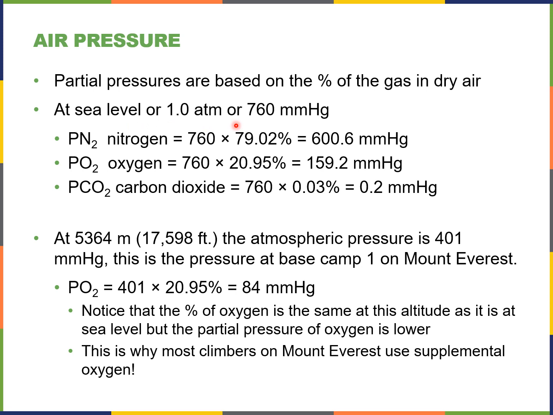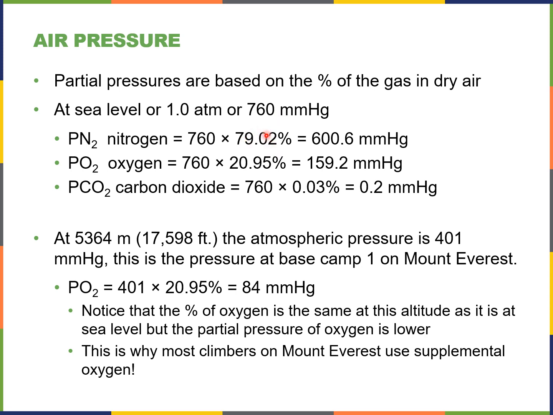So again, at sea level, as we're walking around on the surface, the partial pressure of nitrogen is about 600 millimeters of mercury, oxygen 159, carbon dioxide 0.2. You can see here it's multiplied by how much of this gas is in the atmosphere or within regular air that we breathe.